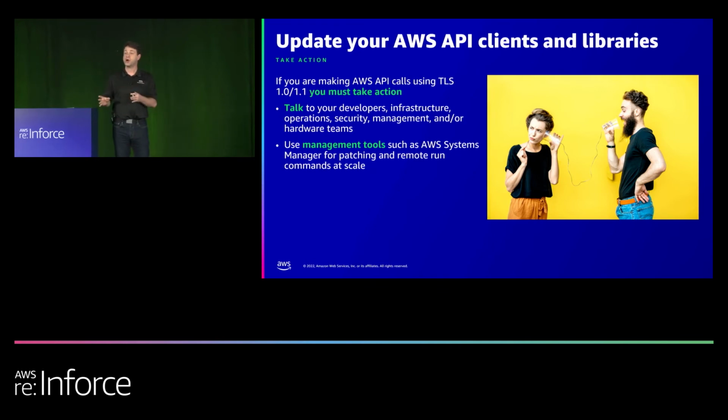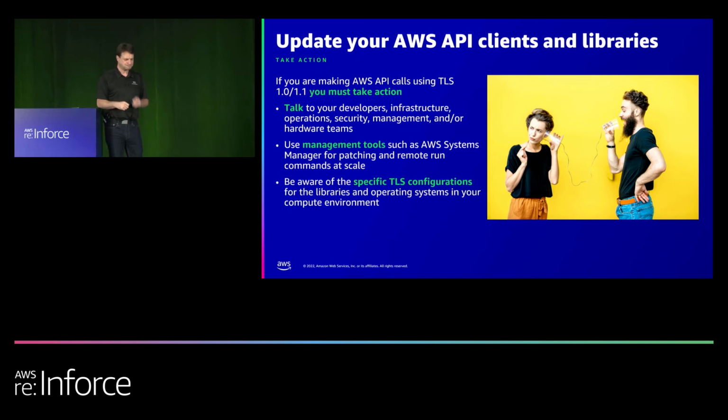Systems Manager, if you're not aware of it, is not just for AWS compute resources. You can use it on premise. Just install our free open source agent on supported operating systems, and you can do remote run commands, remote push, remote inventory. You can see the exact version of every executable and library on every one of those compute resources in one place. You can even aggregate it. It's a great tool for doing this kind of project at scale.